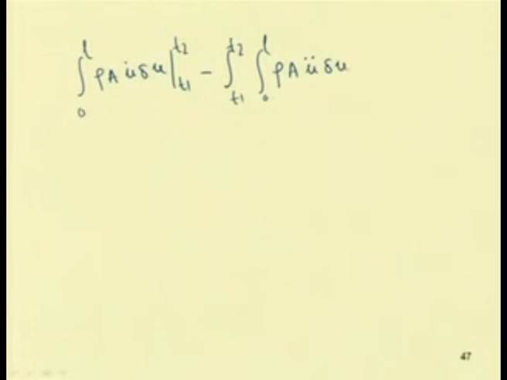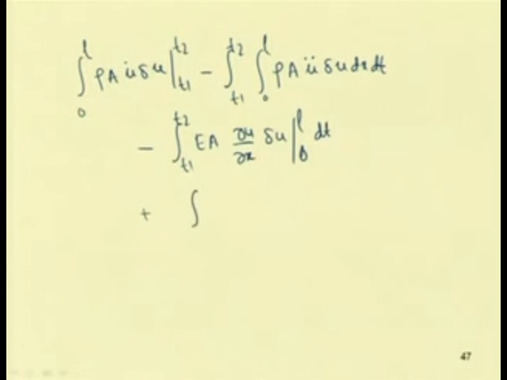to 0 to L rho A u dot del u from T1 to T2, minus integral T1 to T2, 0 to L rho A u double dot del u dx dt, minus integration T1 to T2 E A del u by del x del u from 0 to L dt, plus integral T1 to T2 E A del u by del x whole square del u dx dt.